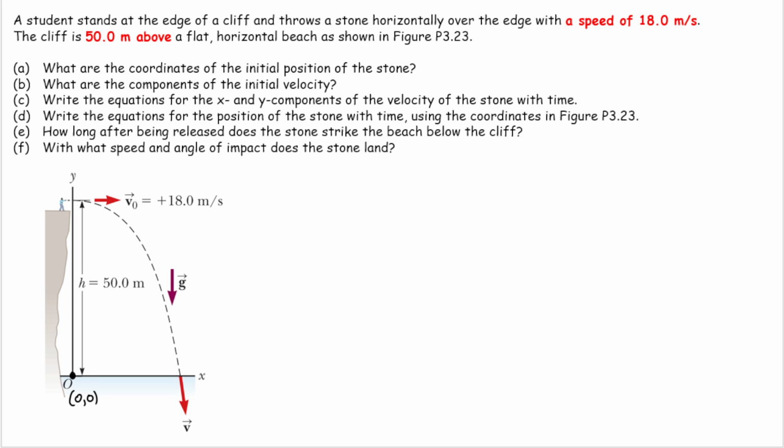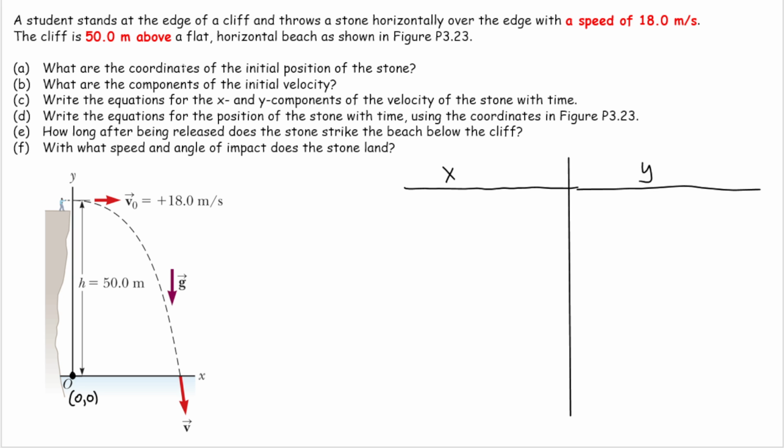Let's answer the question here, and we need to divide this into x and y components. So we'll have x here and y there. Let's make a line about that. Good.